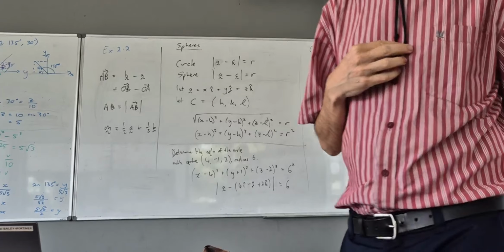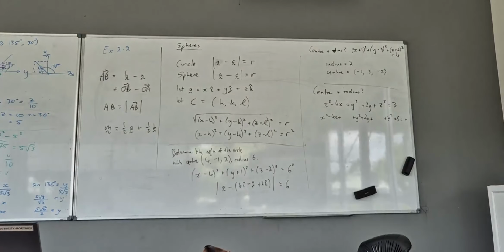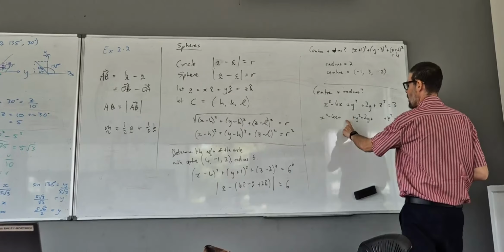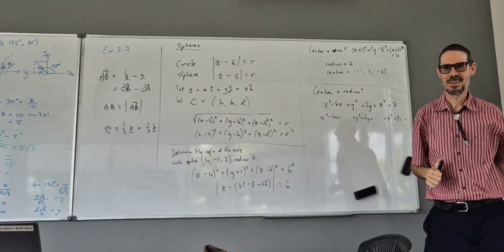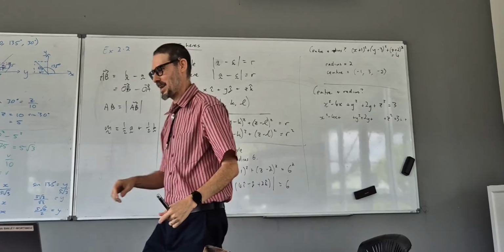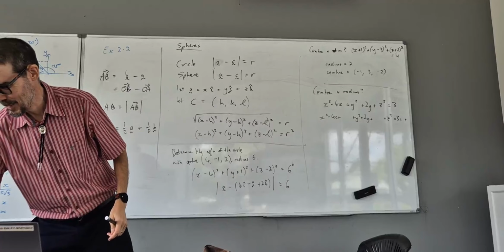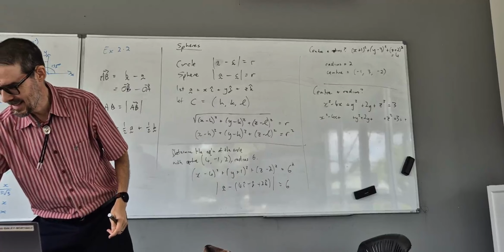Check how you guys are going before I write it up. What can I add here, Ben? What can I add here? So this is a perfect square, so I can write it like that. 4. Yeah, I wanted Ben to think about it. But correct. That should be 4. And this one should be a 1.